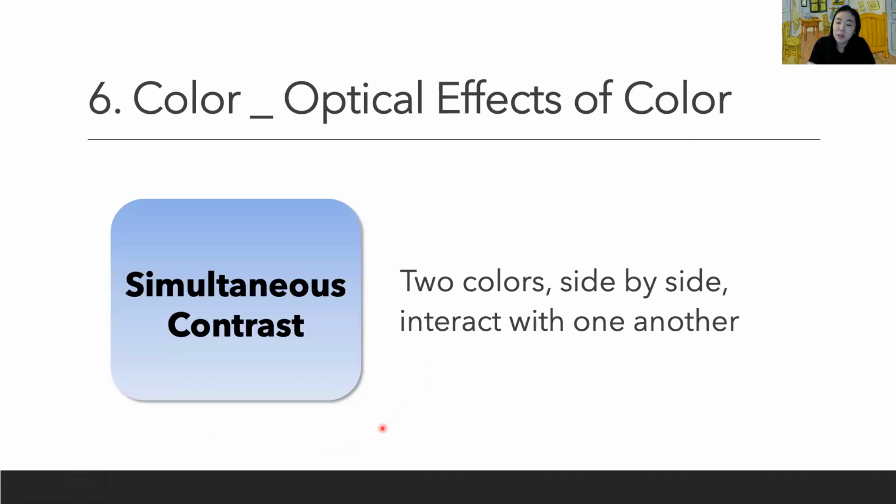So when there are two colors side by side, these colors interact with one another and change our perception accordingly. So for example, complementary color.